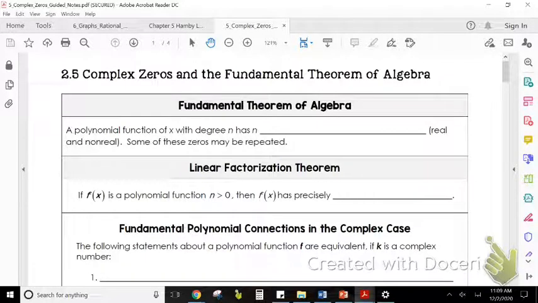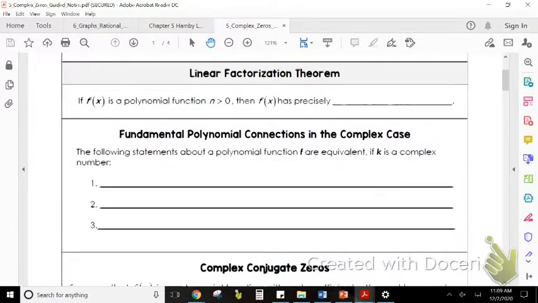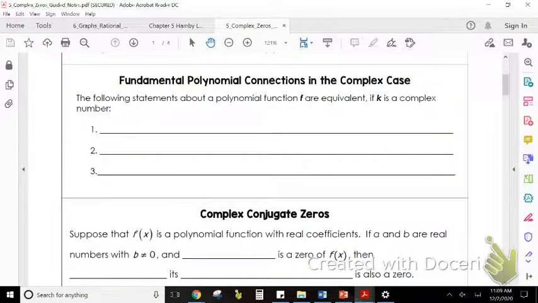All right, then we can see the fundamental polynomial connections in the complex case. We've already known this too. It says the following statements about the polynomial function f are equivalent if k is a complex number. So k is just some complex number. It could be 3 or it could be 3i. It doesn't matter. It's a complex number.